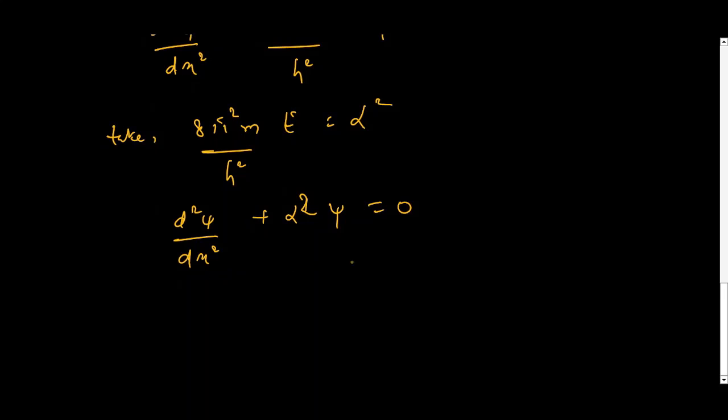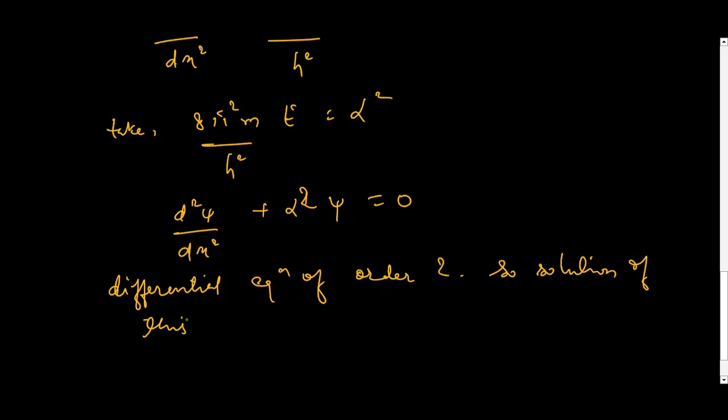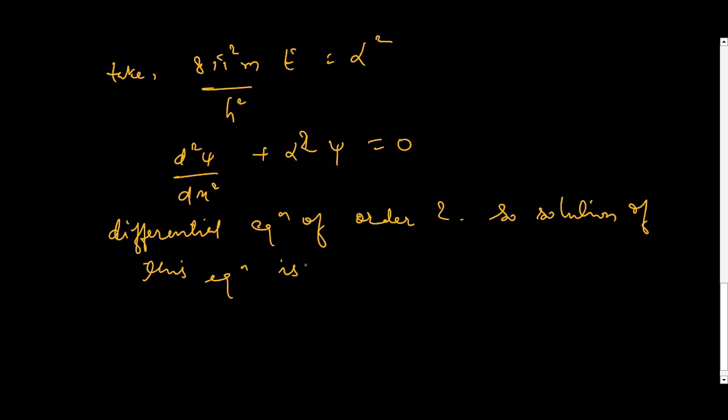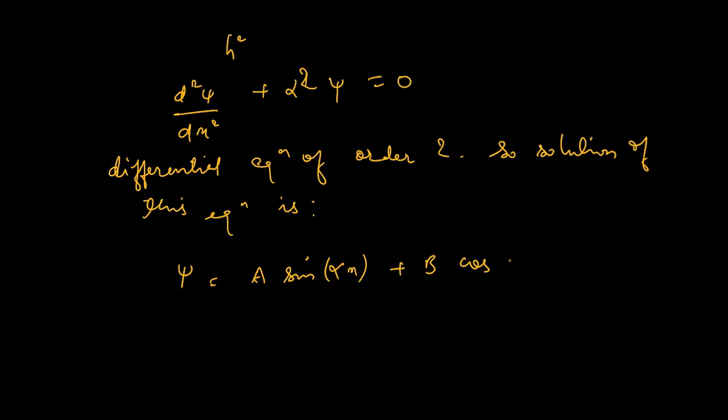Now this is a differential equation of order 2. So the solution of this equation is psi is equal to A sin alpha x plus B cos alpha x, right?